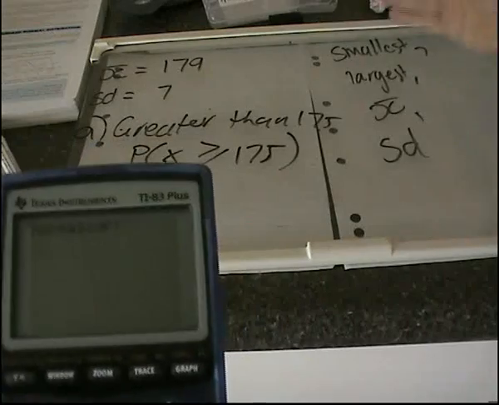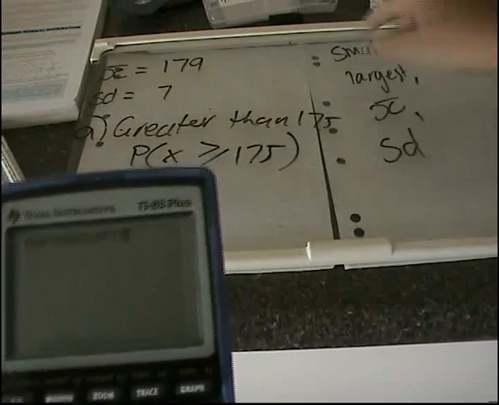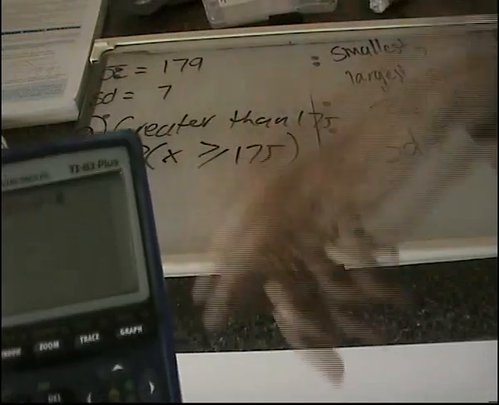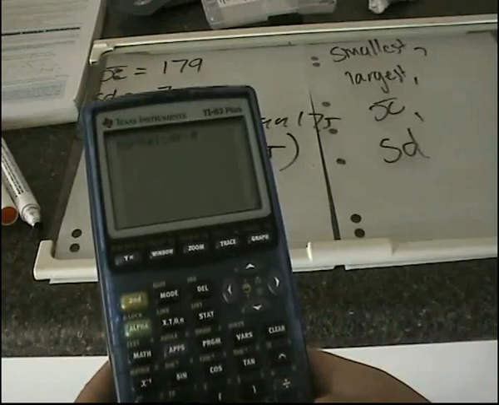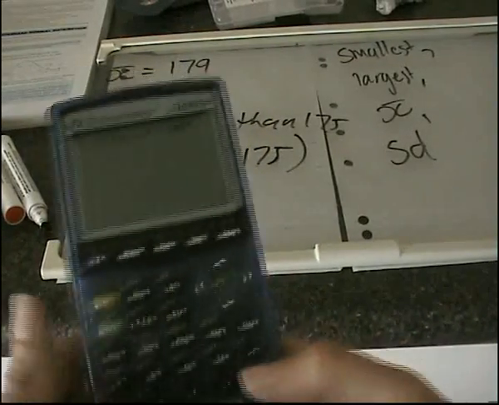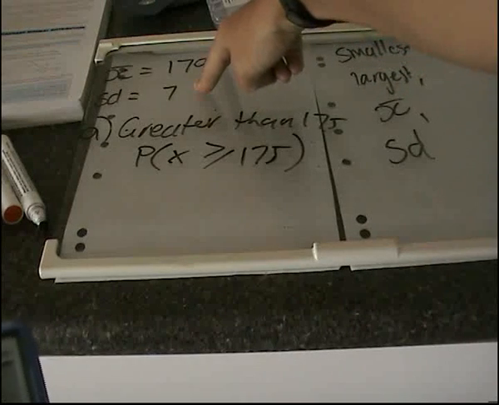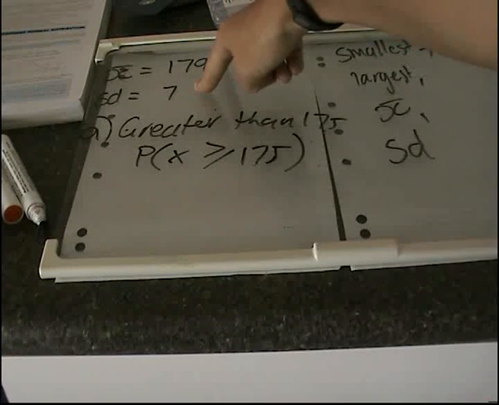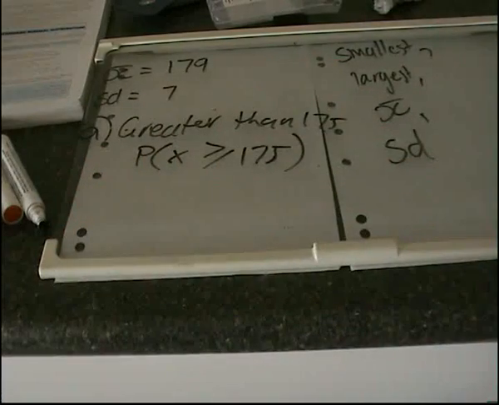All right, I'm going to start the same way, but I need to pick a number that is outside what's going to be in our set of numbers. So for this instance, let's say I'm going to pick 100, because it's way smaller. Three standard deviations below 179 is going to be a bit higher than 100.